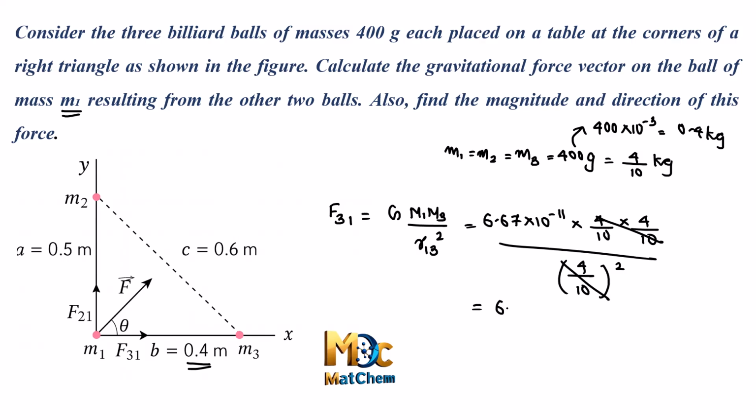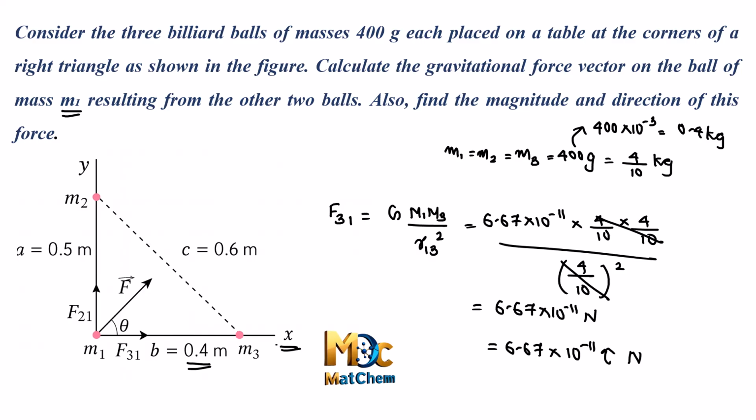So you will be getting 6.67 into 10 raised to minus 11 Newton. Here you can see that this force F31 is acting along the x-axis. So this vector can be written as 6.67 into 10 raised to minus 11 i cap Newton, because it is acting along the x-axis.